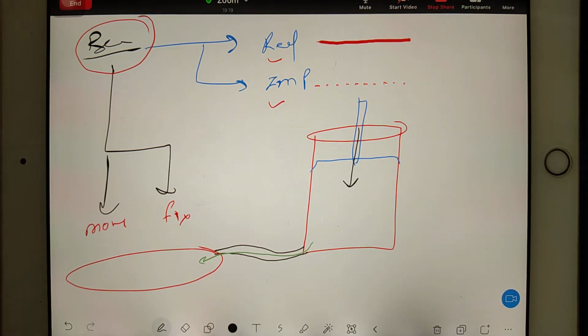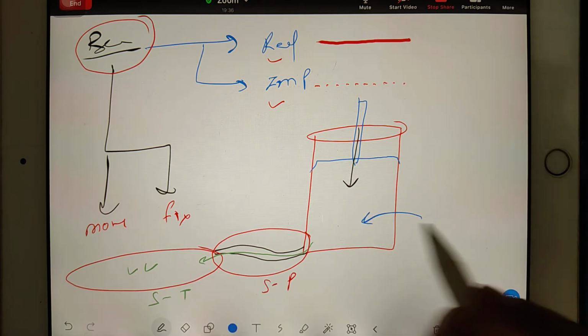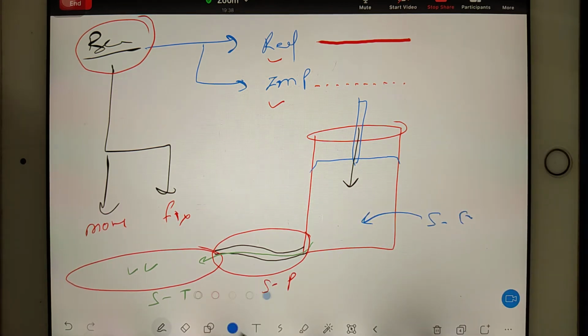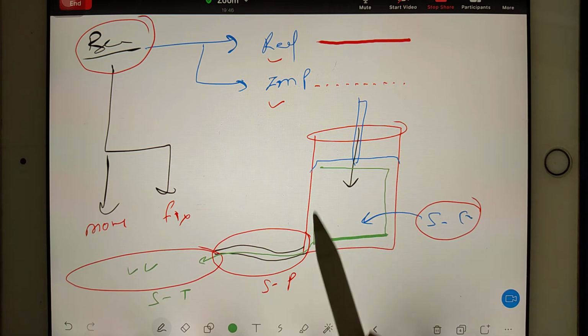But imagine one student will study only this part as system middle, or you can say system pipe, or one student will study system tube, and one student will study system cylinder. In the case of system cylinder, the student has to design a boundary, correct? So the student will draw the boundary like this, like this, like this, like this.